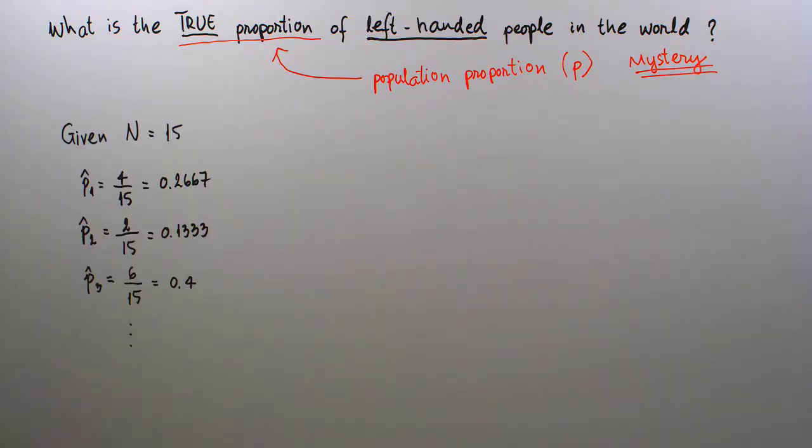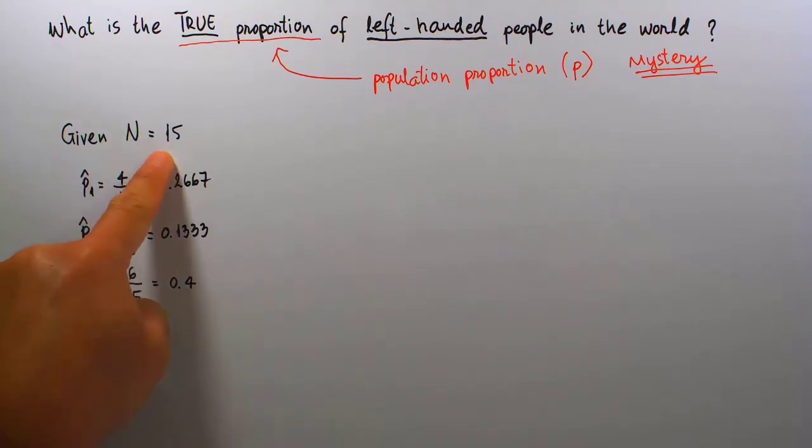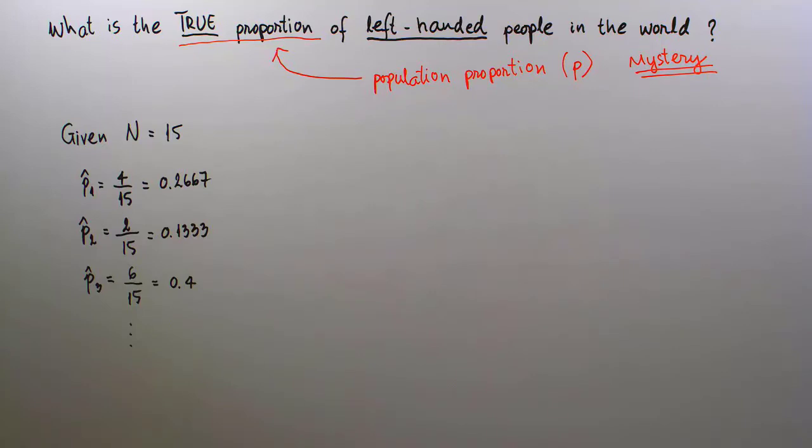And so now, at this point, we realized that at any given sample size, and here in this case, sample size equals 15, we can have one sample proportion value, and we can have another sample proportion value, and another. As a matter of fact, we can end up with infinitely many more sample proportion values, all with the same sample size n equals 15.